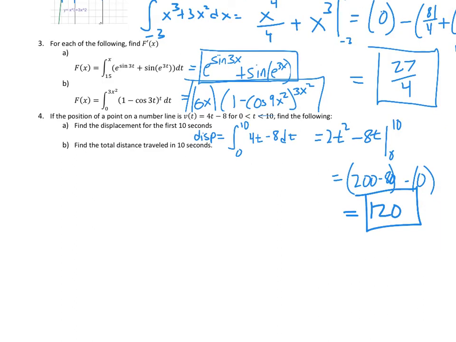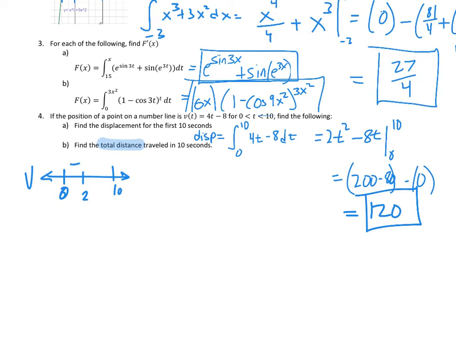And lastly, total distance. Remember, that's different. So for total distance, we have to find out when it stopped. Well, if we think about a little number line for velocity here, 4t minus 8, here's 0 to 10. At 2 seconds, velocity is 0, okay?